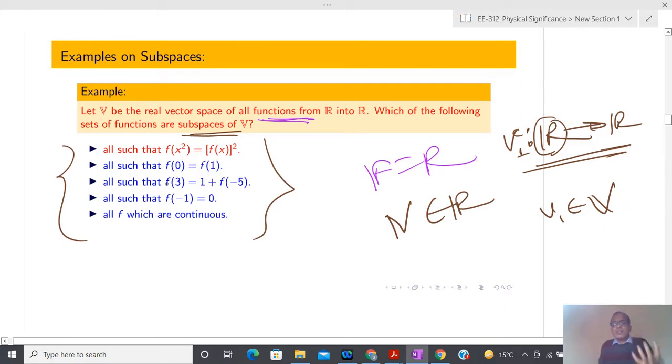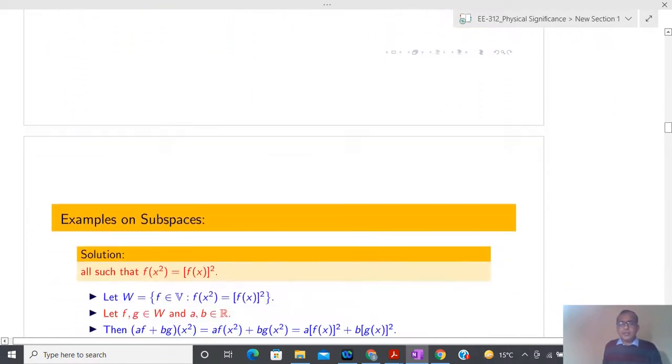Somehow I am constraining my elements so that they follow this kind of relationship. It is possible to show that sometimes it is consistent with respect to vector space, and sometimes it loses that property. So let us check the first example.